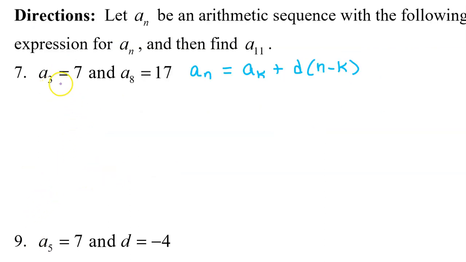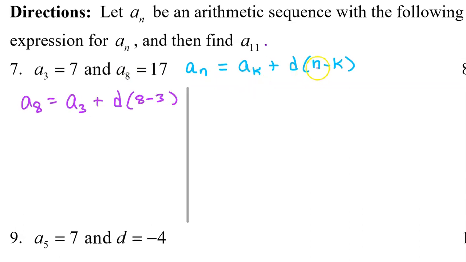For number 7, we are given two terms of an arithmetic sequence. We can substitute one for a_n and one for a_k. Let's put the one with the larger subscript first. So a_8 and then a_3. Notice this n minus k is 8 minus 3.